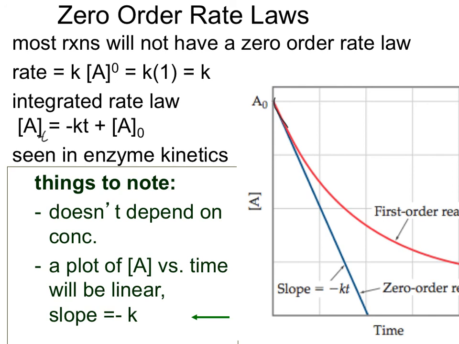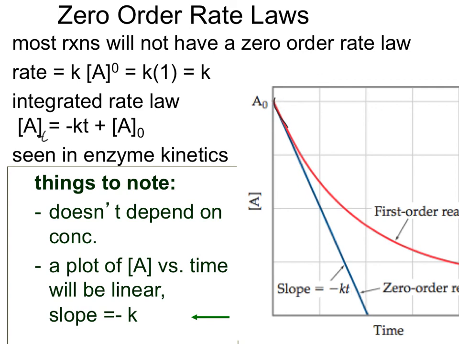Also, please spend some time with the graphs. We want to be looking at what we are graphing versus time in order to get our specific slope, what kind of slope we need, and what it tells us about that specific reaction. Your zero order is going to have a straight line with a negative slope.